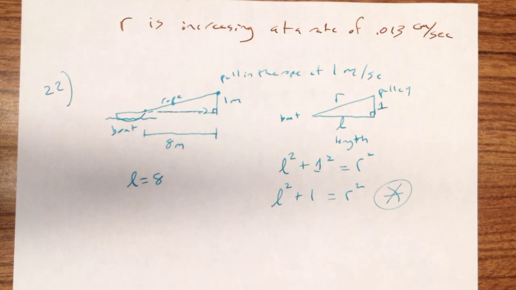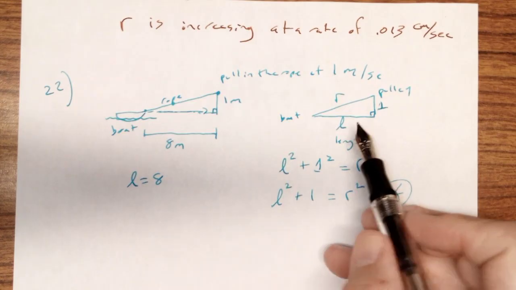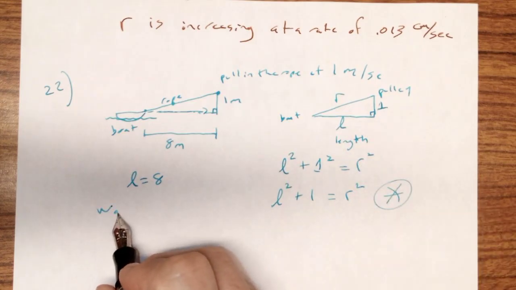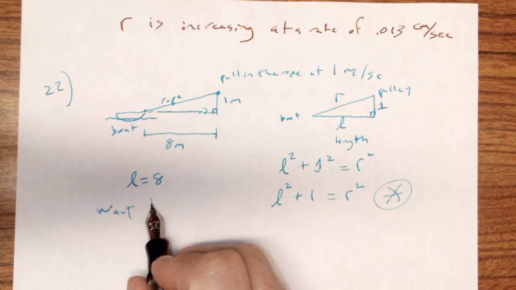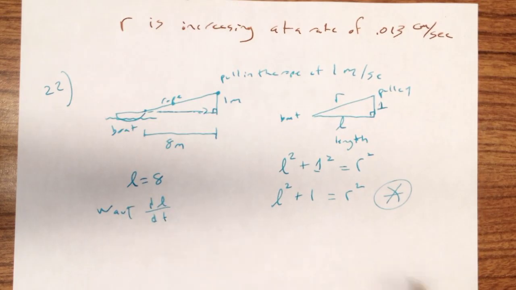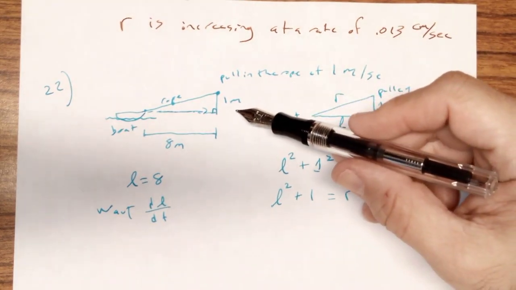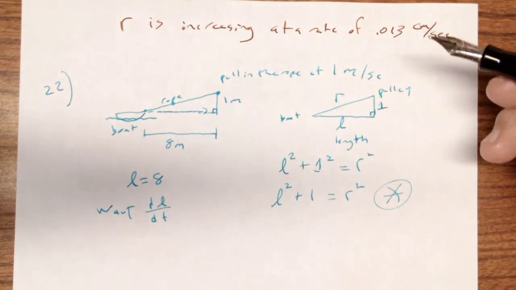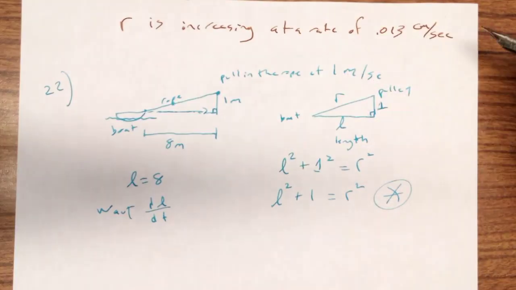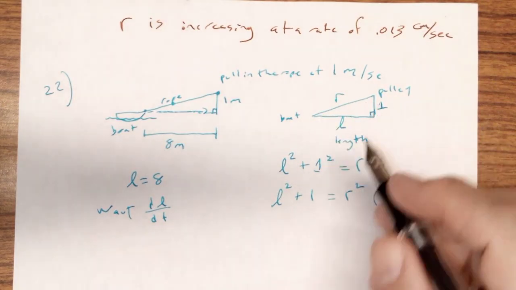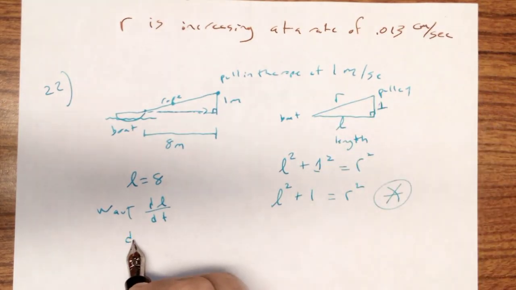Well, that's the rate of change of this distance. That's the rate of change of L. And this one, that doesn't change at all. What about this one? That's the length of the rope changing, right? That's dr dt.